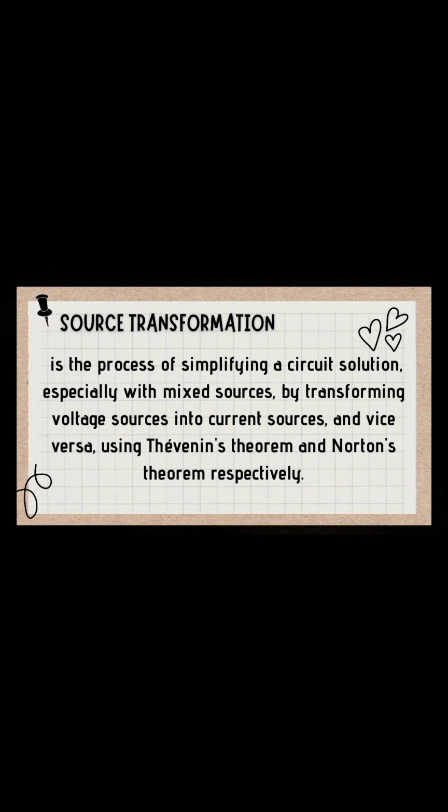In general, the concept of source transformation is an application of Thevenin's theorem to a current source or Norton's theorem to a voltage source. However, this means that source transformation is bound by the same condition as Thevenin's theorem and Norton's theorem, namely that the load behaves linearly and does not contain dependent voltage or current sources.